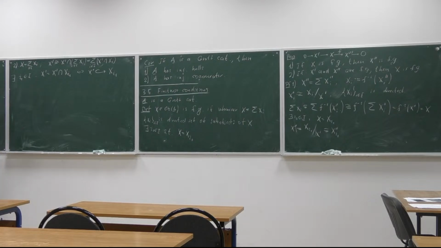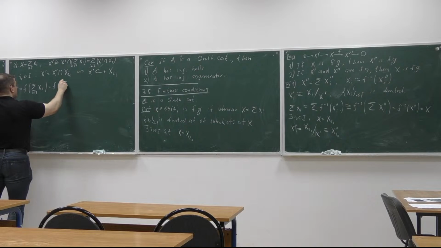Okay, this is for the x prime. Now let's go to the x double prime. Well, this is the f of the sum of the xi's. Oh, x double prime is the image of the map f, and this is just another way to write the image.